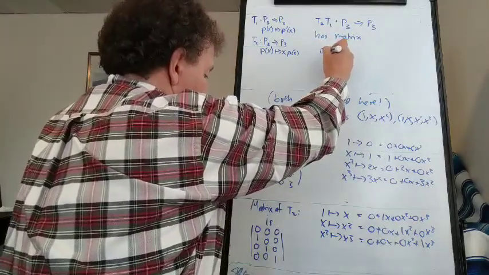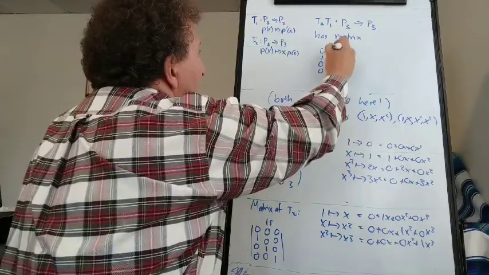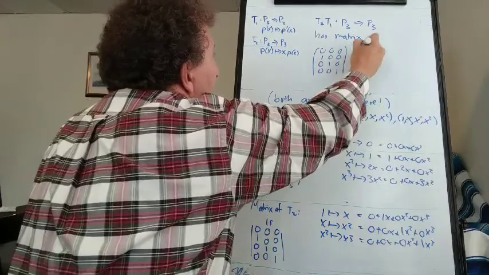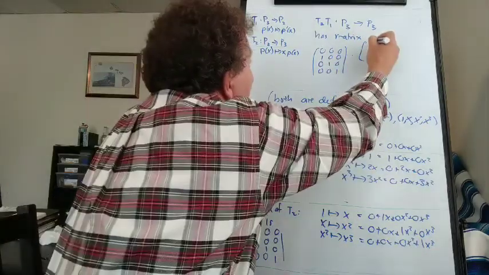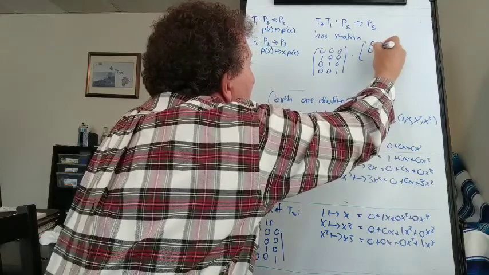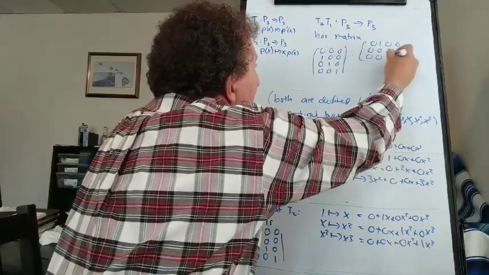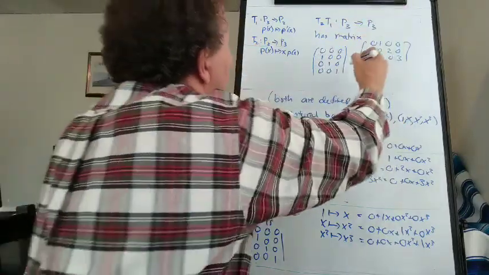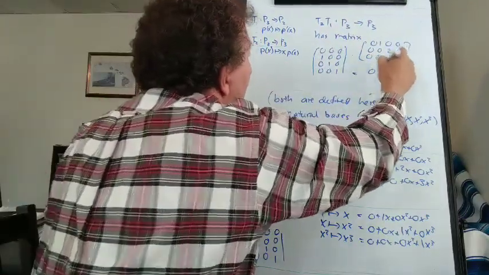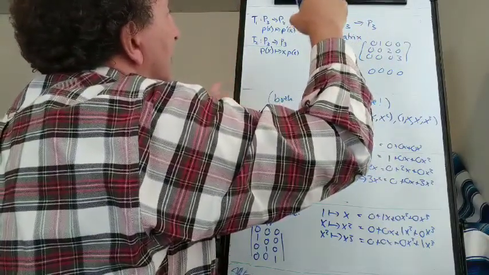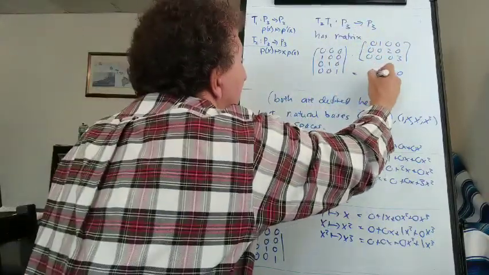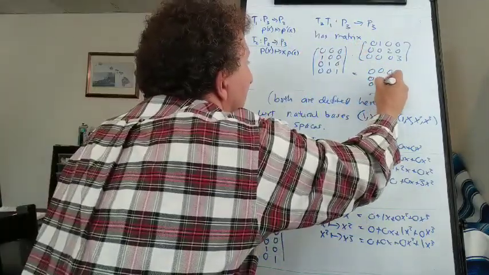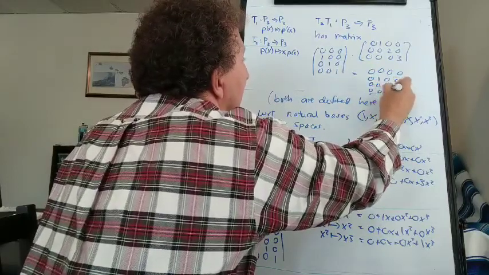So 0, 1, 0, 0, 0, 0, 1, 0, 0, 0, 0, 1 times 0, 1, 0, 0, 0, 0, 2, 0, 0, 0, 0, 3, and we get 0, 0, 0, 0, 0, 1, 0, 0, 0, 0, 2, 0, and 0, 0, 0, 3.